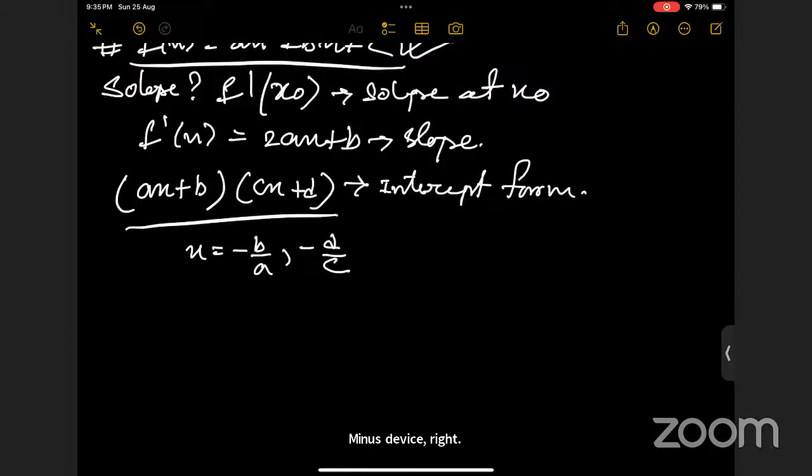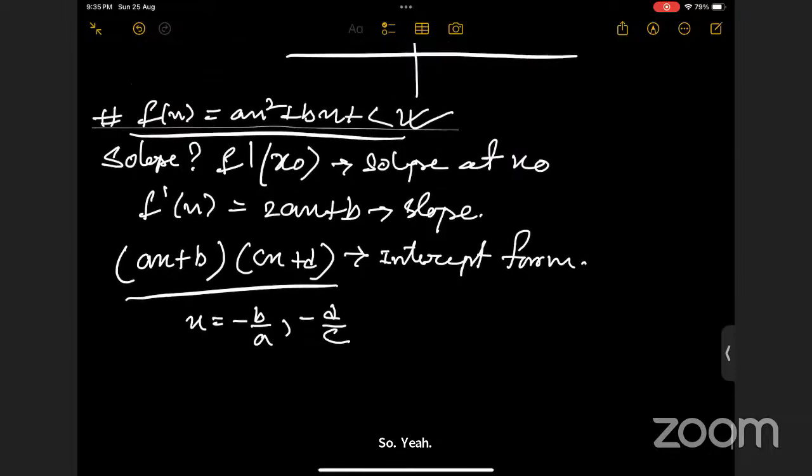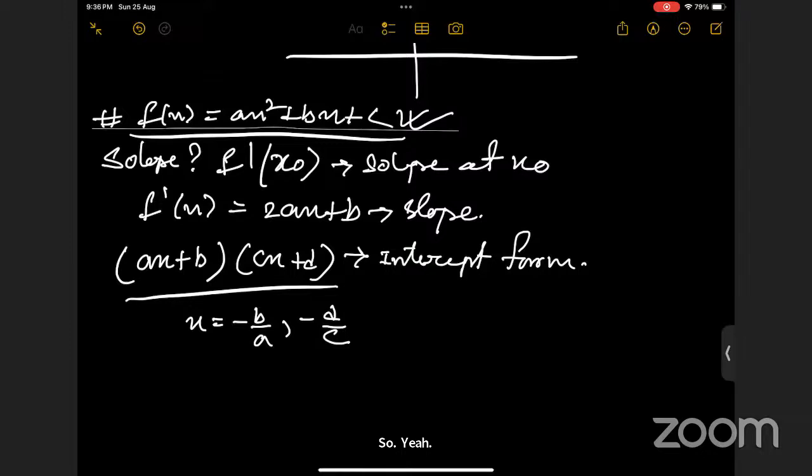So from the general form we can express it in the intercept form, and vice versa: if we have an intercept form, we can express it in general form.